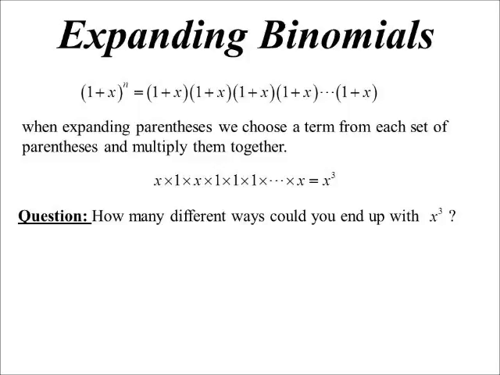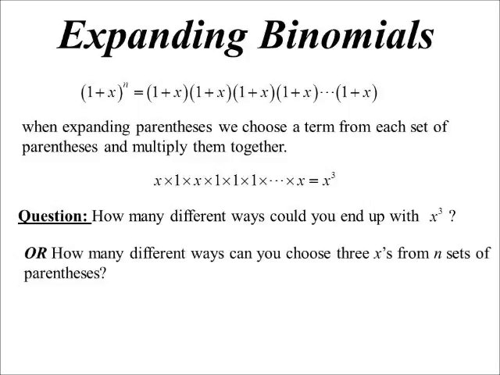And this is where we're going back to permutations, combinations. So how many different ways could we end up with x cubed? In other words, how many ways can I choose 3 of those parentheses to pull x out of? So out of the n parentheses, I'm going to choose 3 of them to use the x. All the other ones I'm going to take 1 from.